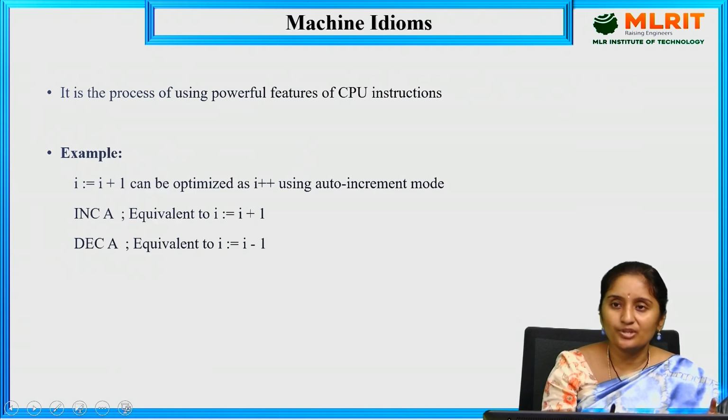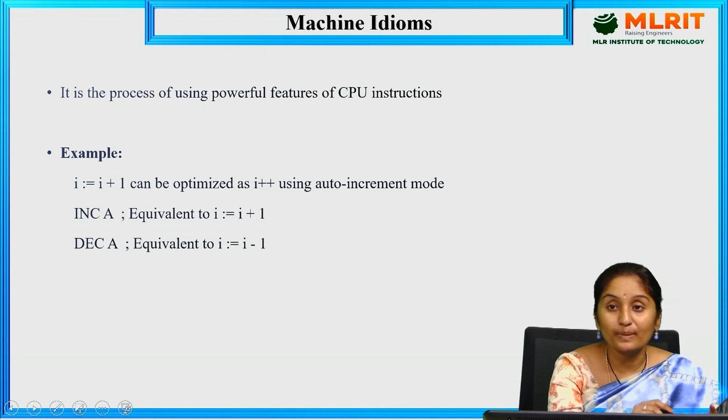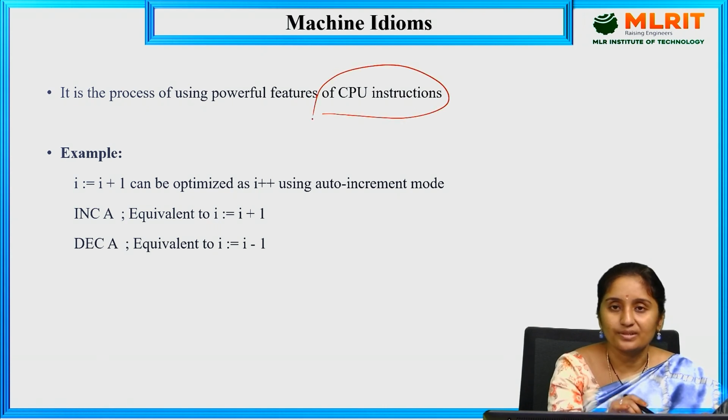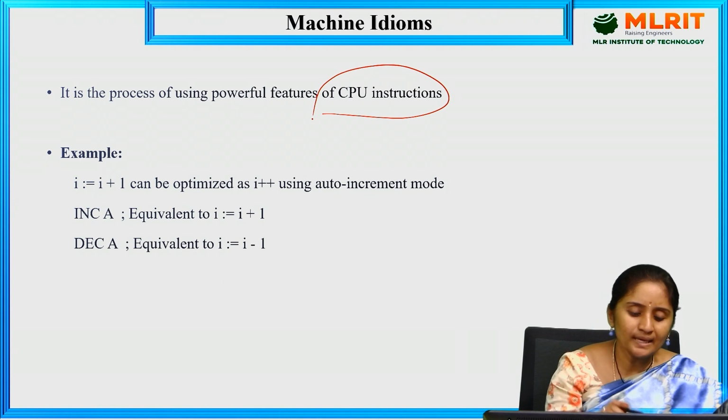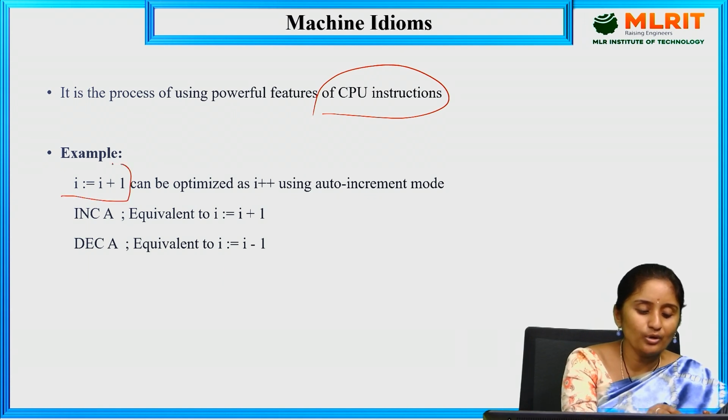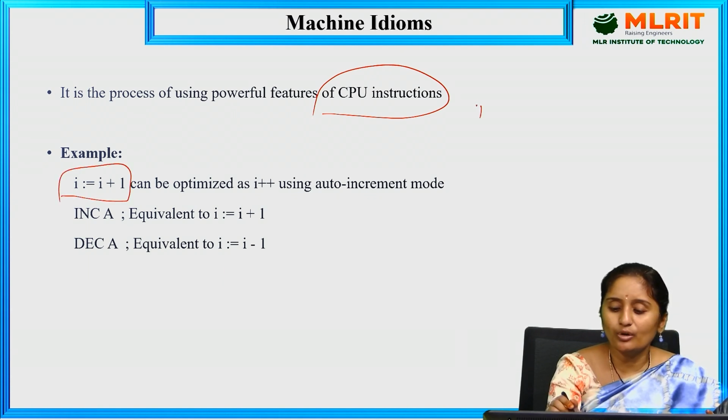Next one is machine idioms. It is mainly used and is the most powerful feature of CPU instructions. See here, I have I equal to I plus 1.